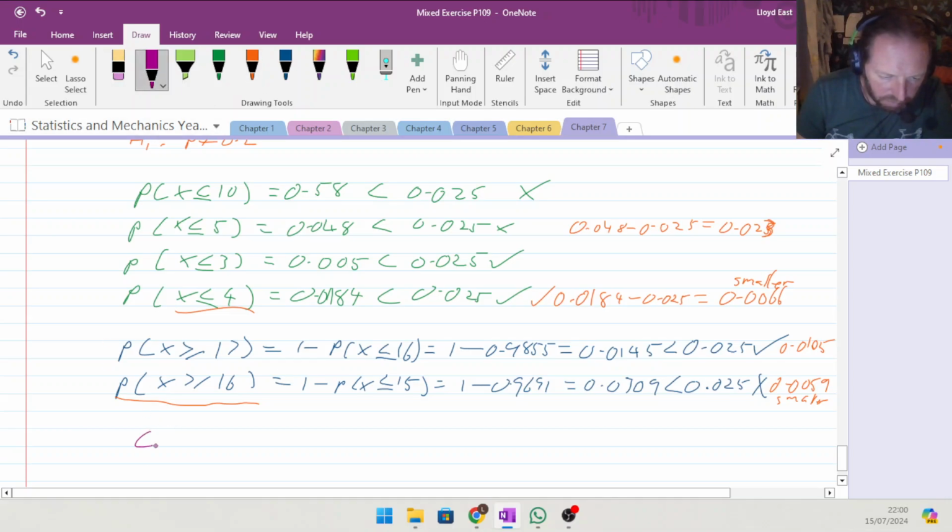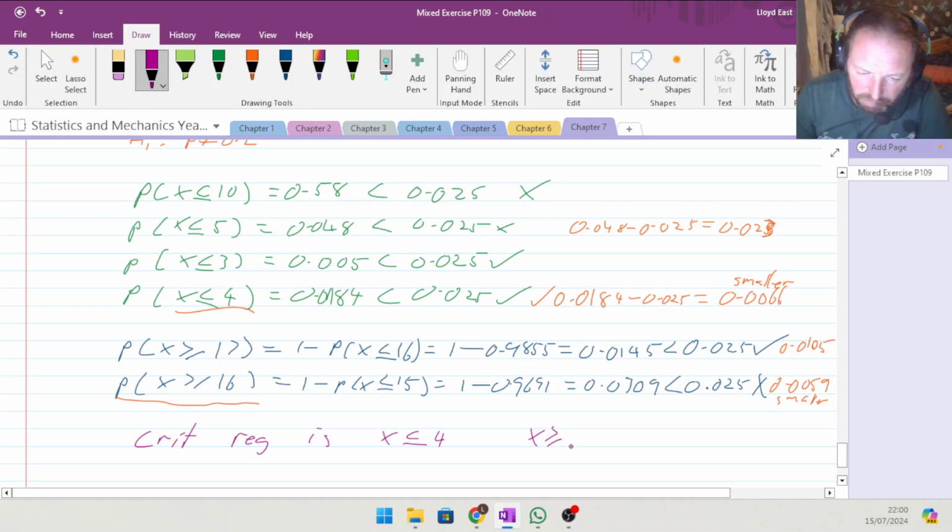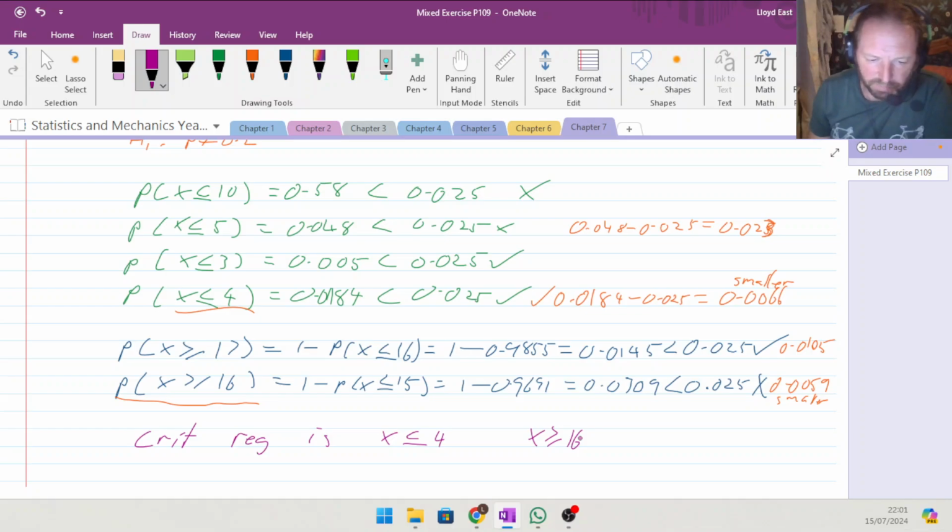So the critical region is X less than or equal to 4 and X greater than or equal to 16. If we want this to be true, we need it to be outside of the 4 and the 16.